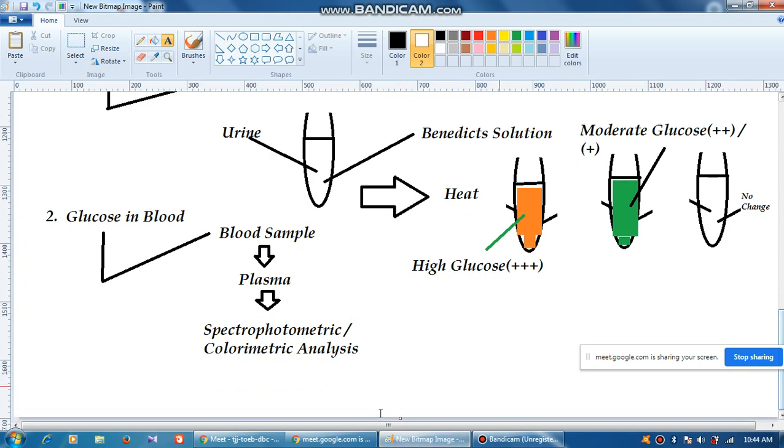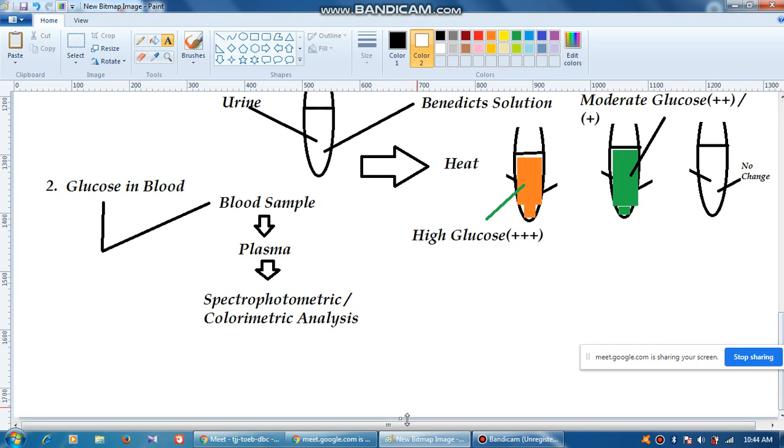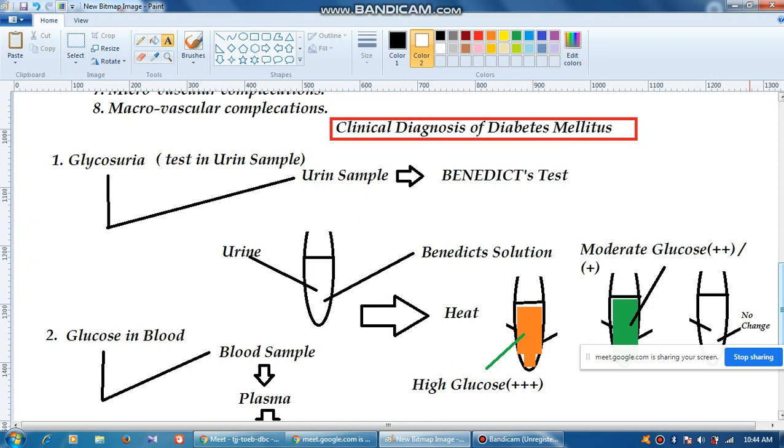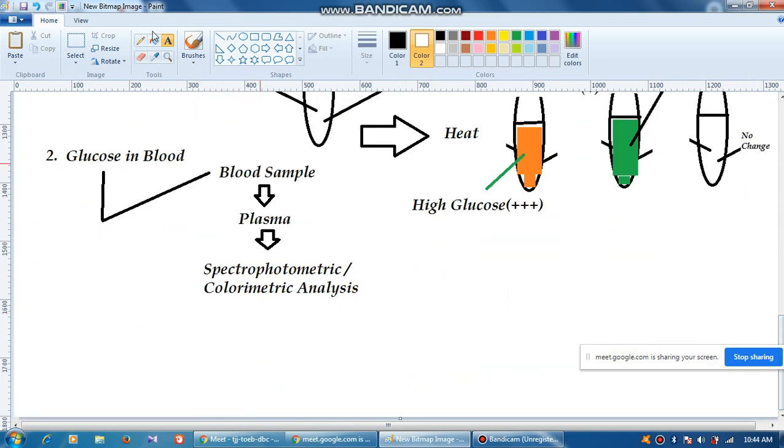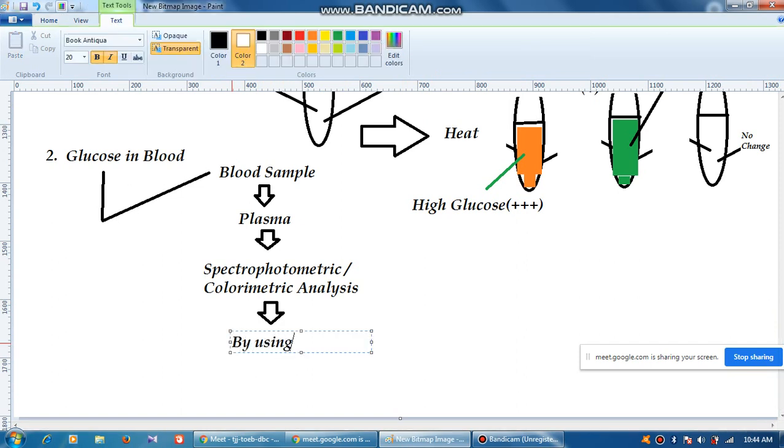For this test we will use a specific principle. Every reaction has some kind of principle. For example, when we did Benedict's test, we used the principle of Benedict. Now here we will do a reaction known as the GOD-POD principle.